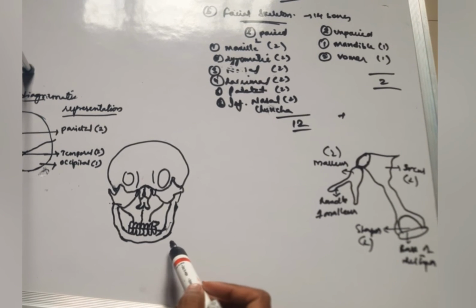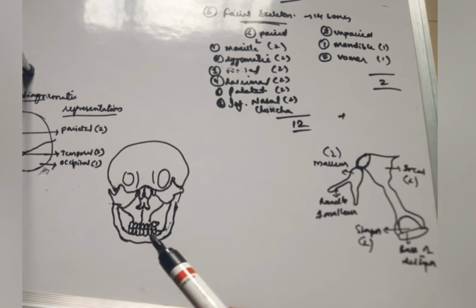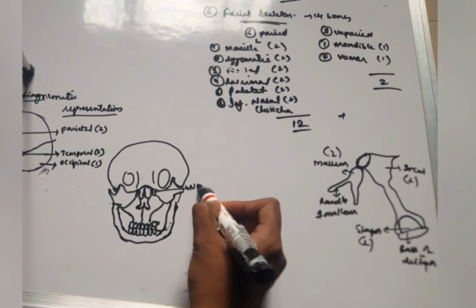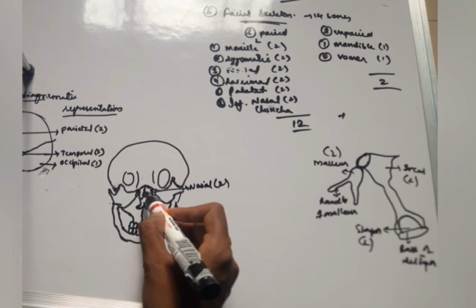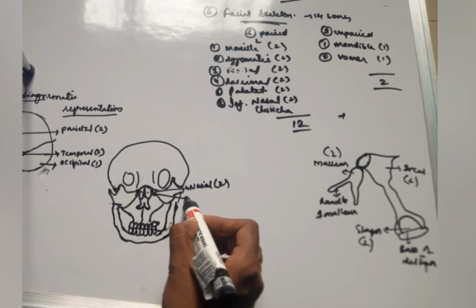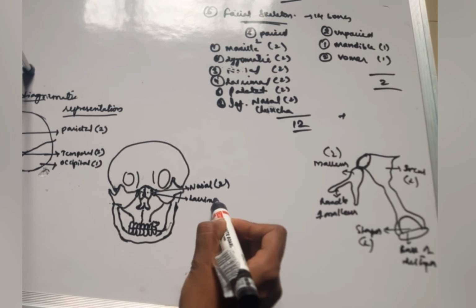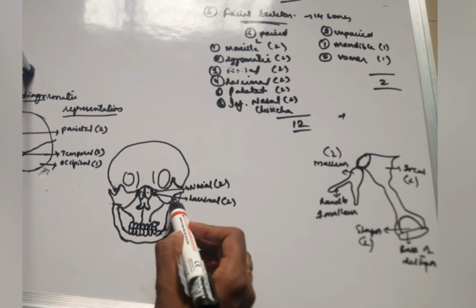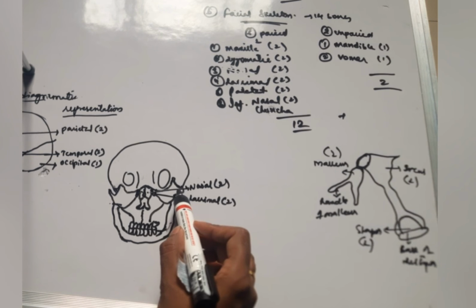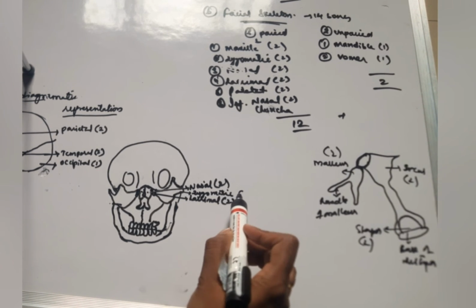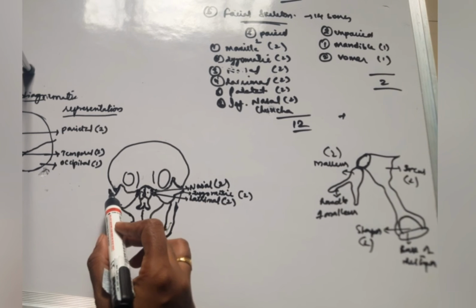So this is the rough diagram of the face from the front side, and the bones are nasal bone. These are 2 in number, 1 and 2. Okay, nasal bone. These are the lacrimal bone, paired 1, 2. And this is the zygomatic bone, 2 in number, 1 and 2.